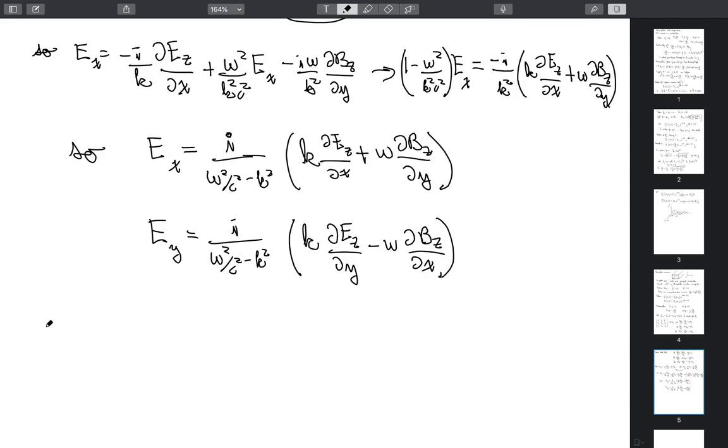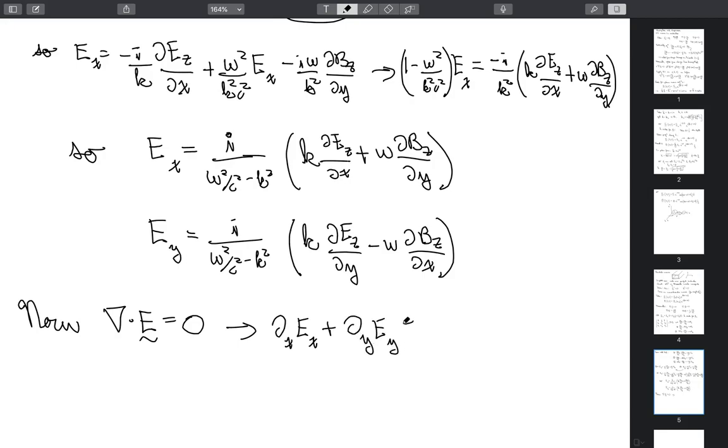So now we have that the divergence of E must be equal to 0. What that means is that the x derivative of Ex plus the y derivative of Ey must be equal to minus the z derivative of Ez.